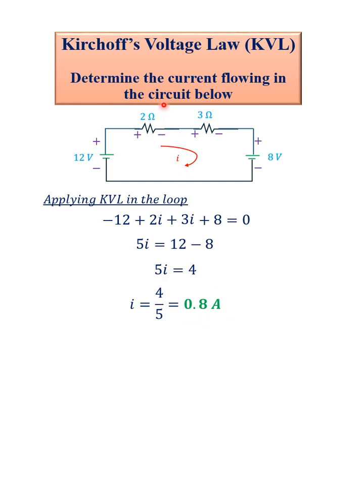So the current we are looking for in this question, which is the current flowing in the circuit, is simply 0.8 ampere. Now take note, if you assumed that the current was flowing anti-clockwise in the first instance, you are still going to get 0.8. However, you will get minus 0.8. The negative does not mean you are wrong.